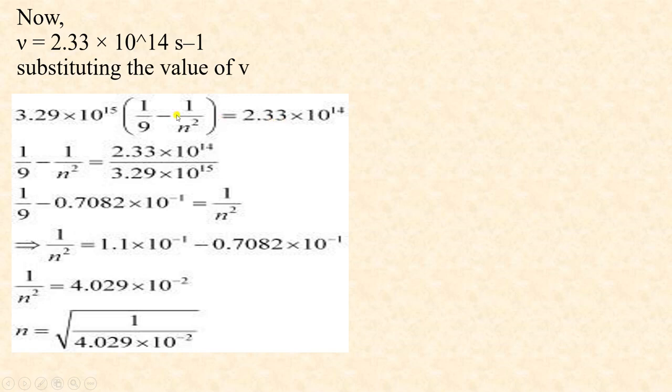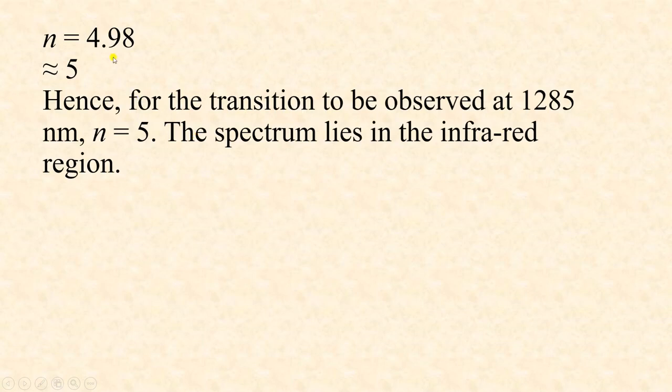Now all the values are known except the value of n, so here we determine the value of n. After calculation, the value of n comes equal to 4.98, which is nearly equal to 5. Hence the value of n is 5, so the spectrum lies in the infrared region, because the transition observed at 1285 nanometer with n equal to 5 means it is the infrared region.